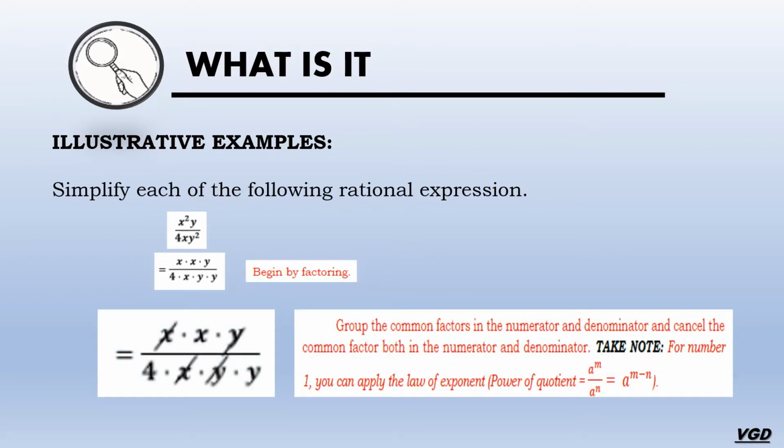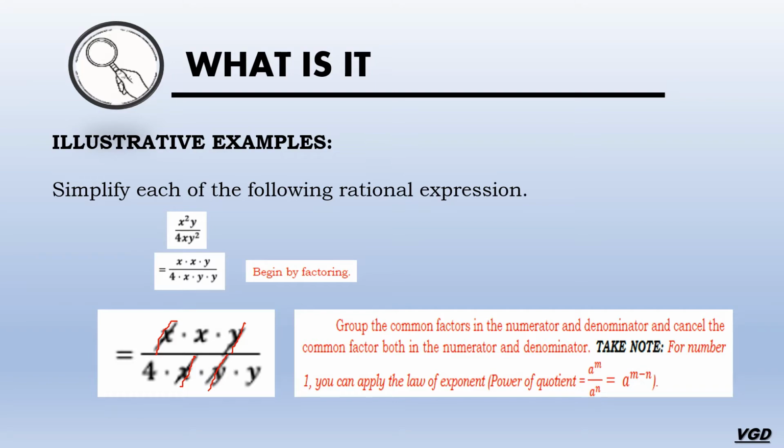The next step that we're going to do is to group the common factors in the numerator and denominator and cancel the common factor both in the numerator and denominator. So we have x as one of the common factors for numerator and denominator, and another common factor is also y, so we will cancel that one. So the remaining factor is x over 4 and y.